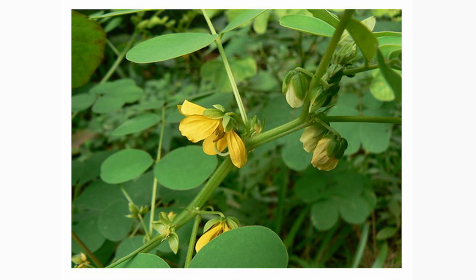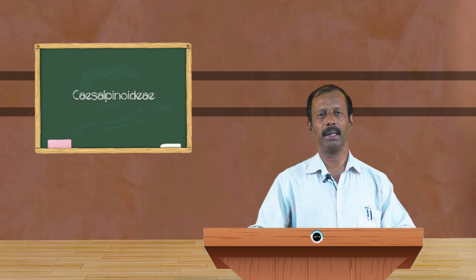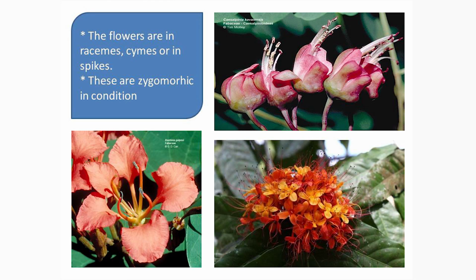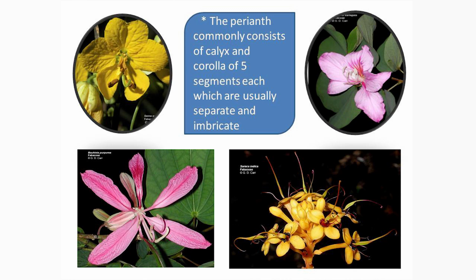Now coming to the inflorescence, normally the plants produce racemose type of inflorescence, and the typical corymb can be seen in Caesalpinoideae. Corymb is a type of racemose inflorescence which is characterized by the production of the flowers in an acropetalous succession. Here we can see the formation of the flowers in such a way that older flowers are produced at the base and the younger ones towards the tip.